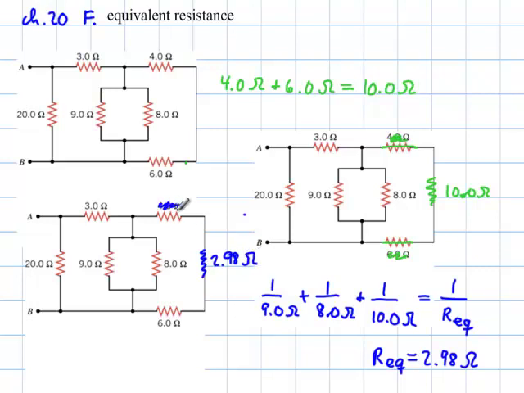These two here were in series. That gave me the 10 a while ago, and then I put the 10 into parallel with the 8 and the 9, which means I totally have an equivalent for this entire thing here on the right hand side of 2.98 ohms.